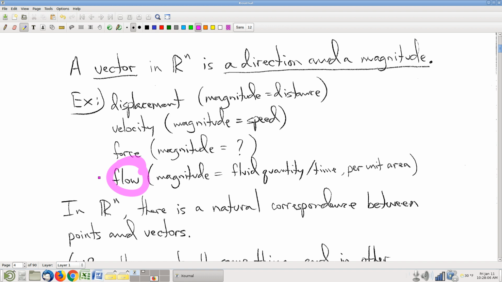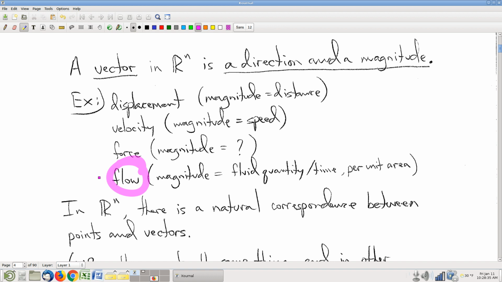Okay. Flows of fluids. You can define this in different ways, but if you have a fluid flowing, so for example, let's take the air in this room. At any given point, let's say this point right here, the air is flowing in a certain direction, and you could try to talk about in some way, what's the magnitude of the fluid flow in that direction? At this point, is the air going really fast, or is it just kind of a gentle movement? How much flow is there?